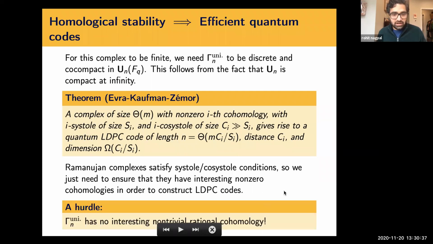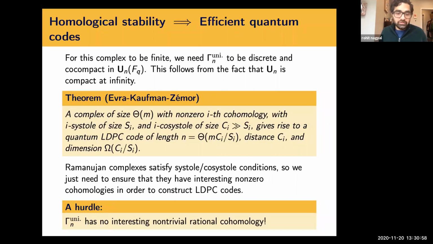But here's a hurdle. The unitary congruence subgroup has no interesting non-trivial rational cohomology, and Bruhat-Tits complexes are highly connected. So this is what we exactly need in order to use this theorem that we just mentioned, right?